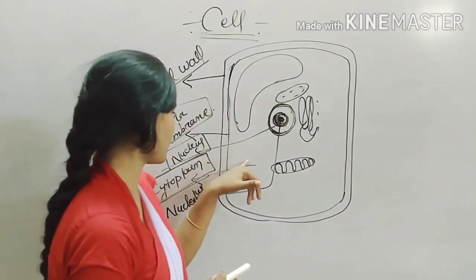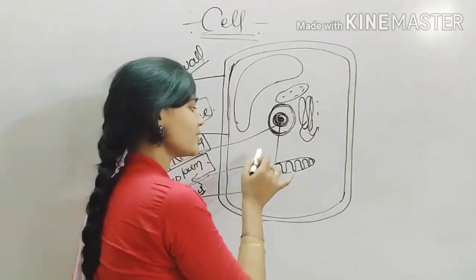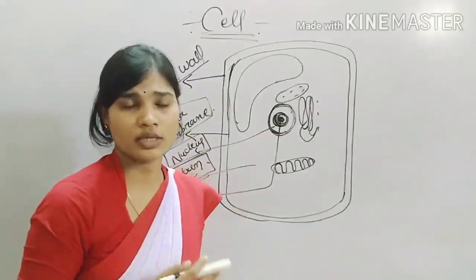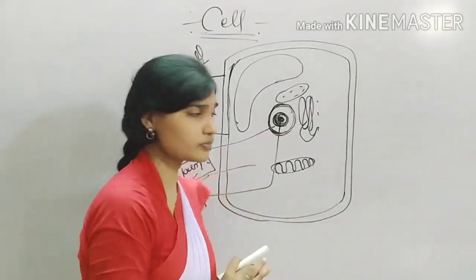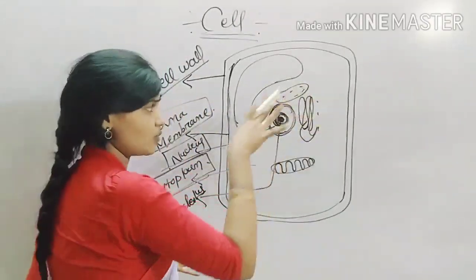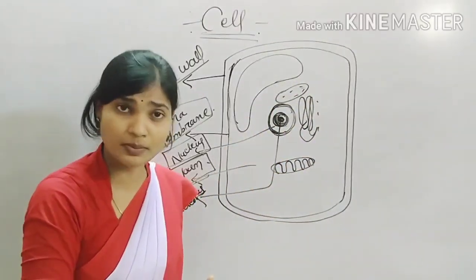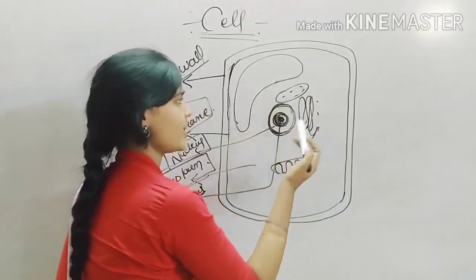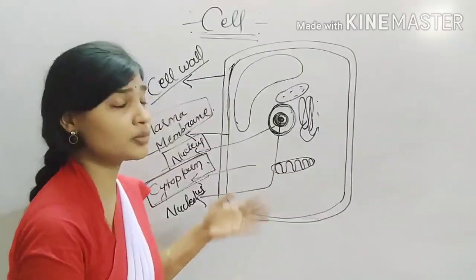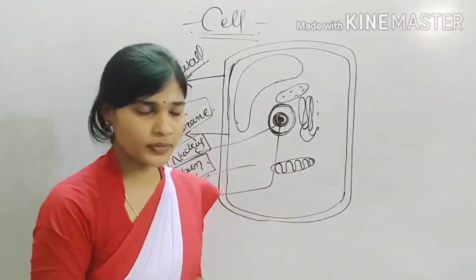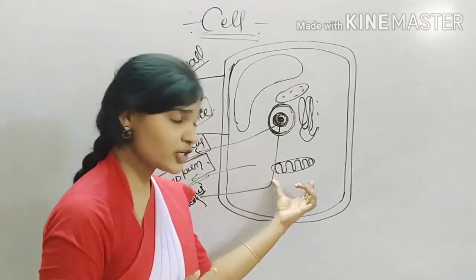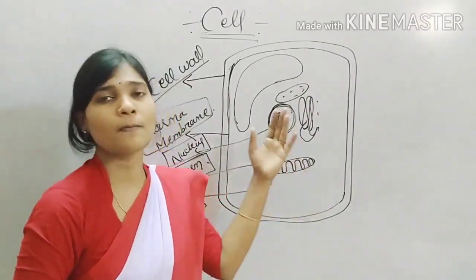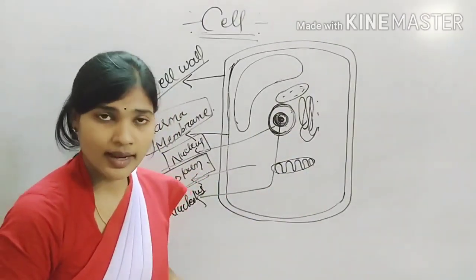After that we discussed the cytoplasm. This cytoplasm is a jelly-like substance, and in the cytoplasm various types of organelles are present. What are the organelles? Like the mitochondria, plastids, ribosome, lysosome, vacuole, etc. Mitochondria is known as the powerhouse of the cell.